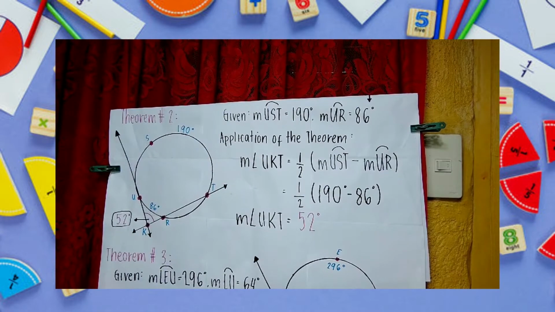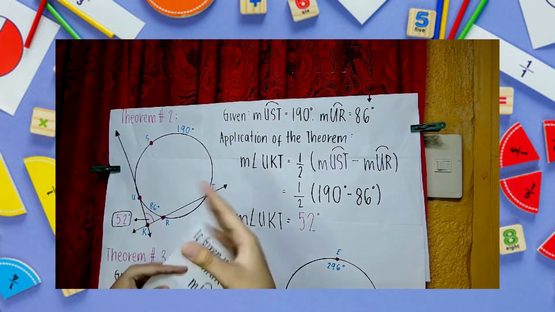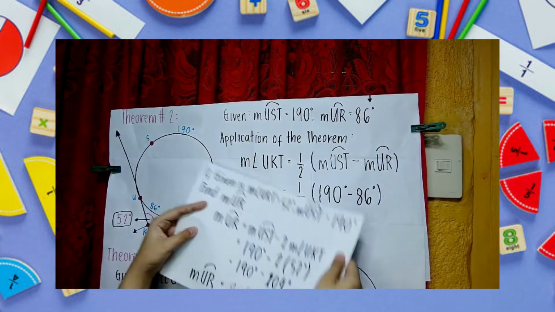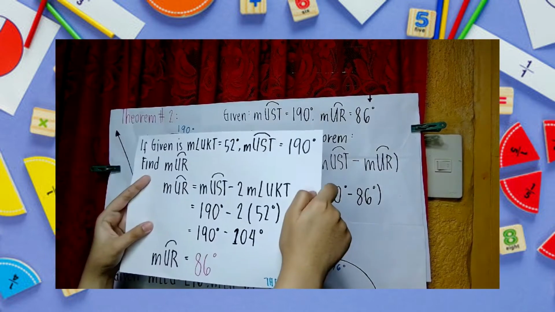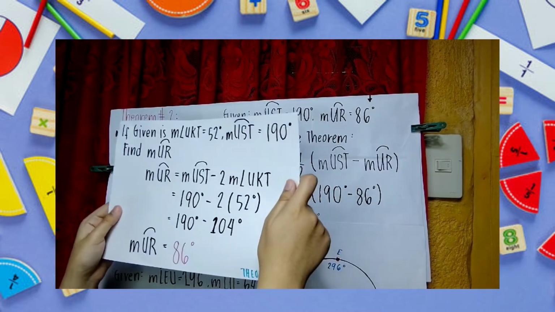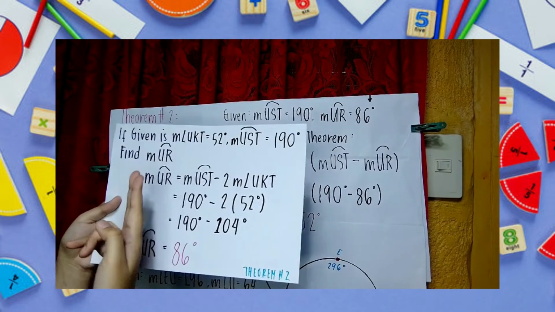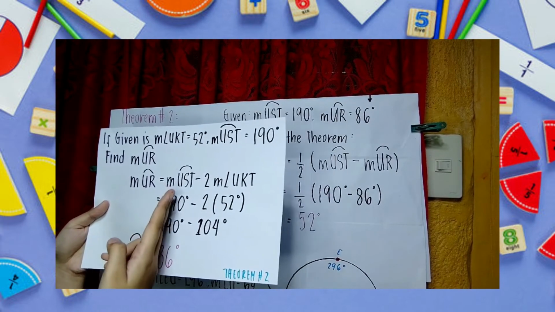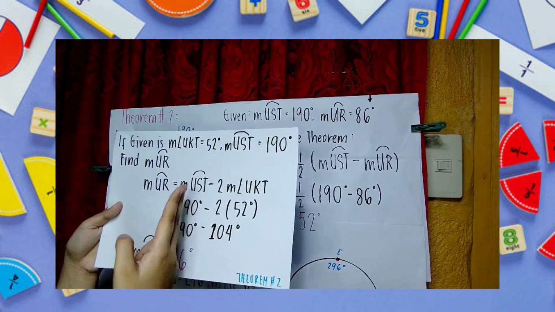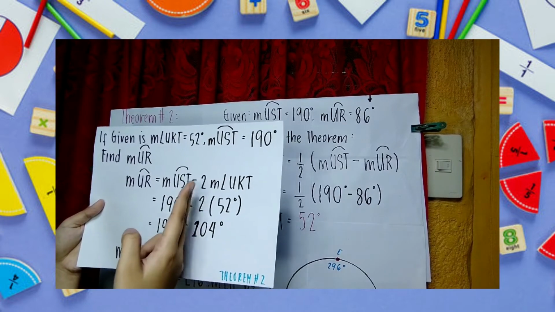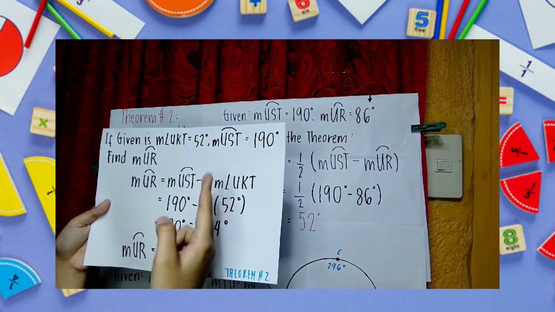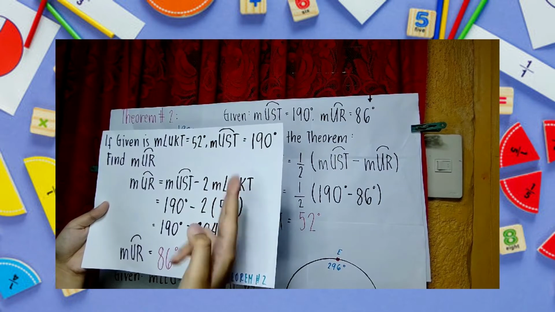And just like what we did earlier, what if the missing measure is arc RQR? Here is how we are going to manipulate the formula. To find the measure of arc RQR, we must subtract the product of angle UKT and 2 from the measure of arc RQST.